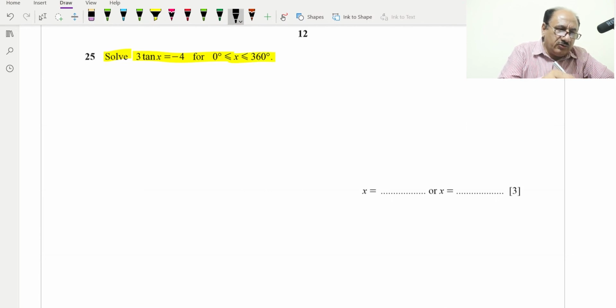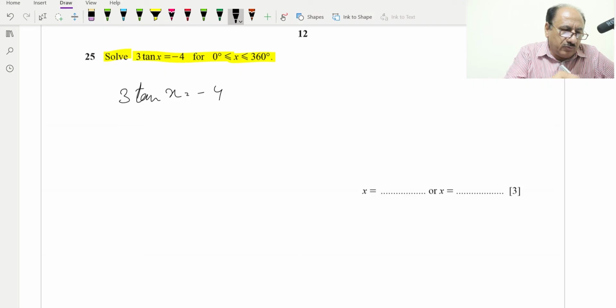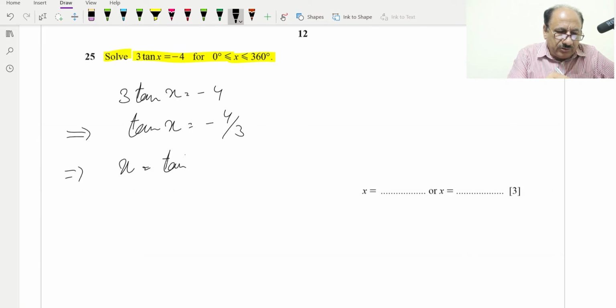So 3 tan x is equal to minus 4. This implies tan x is equal to minus 4 over 3. So x is equal to tan inverse of minus 4 over 3.